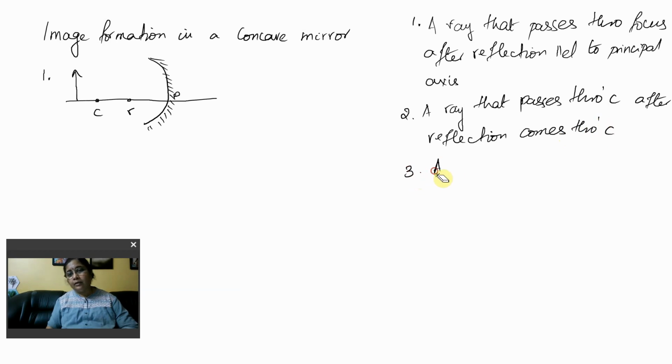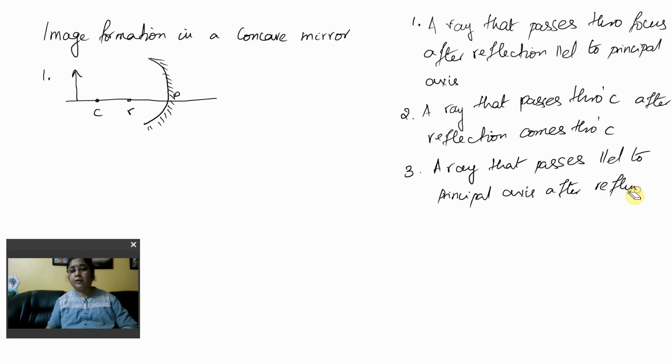Third, a ray that passes parallel to the principal axis after reflection passes through focus.